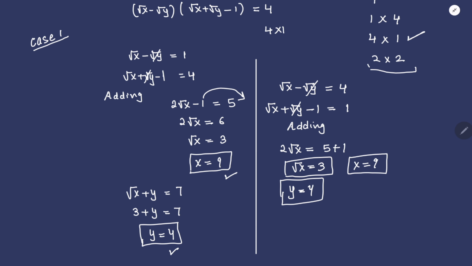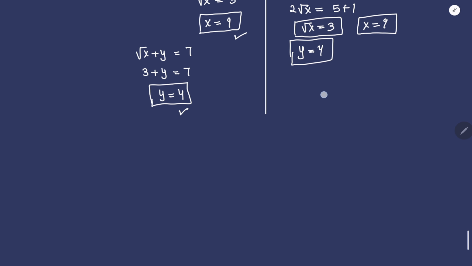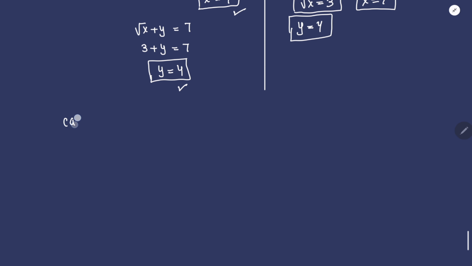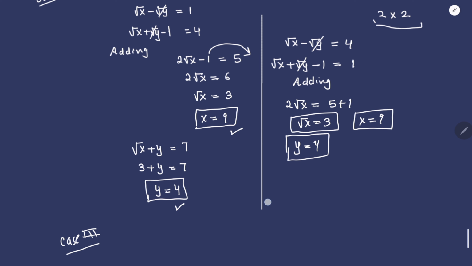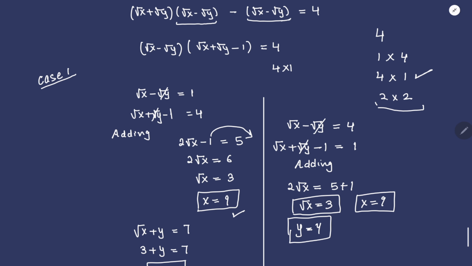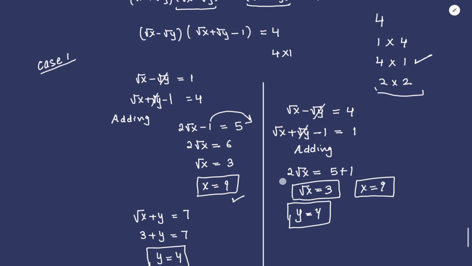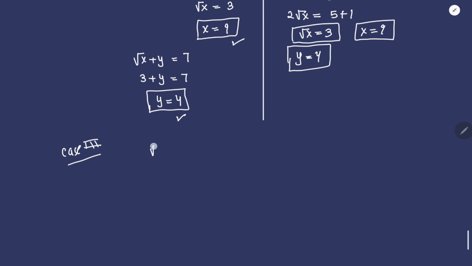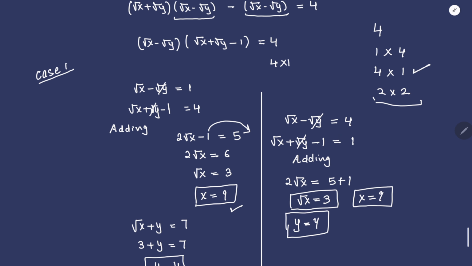Now let us jump to case number 3. What is case 3? In case 3, I will take under root x minus under root y as 2, and under root x plus under root y minus 1 as 2, because the product of these two terms is 4.